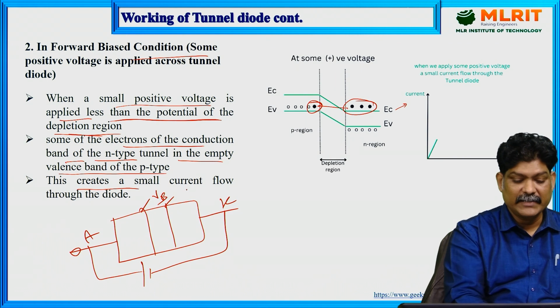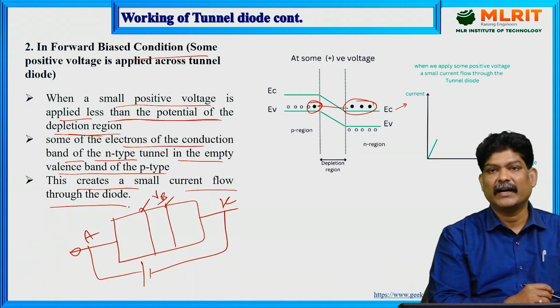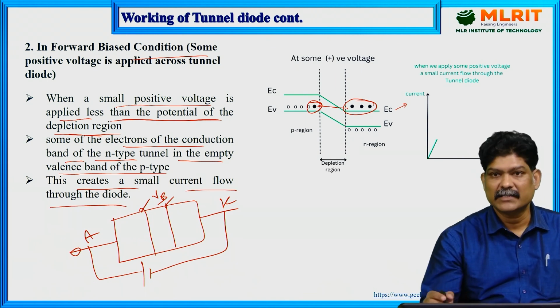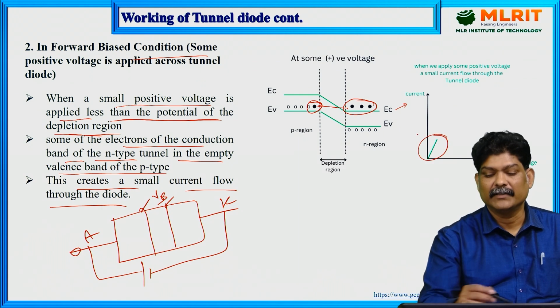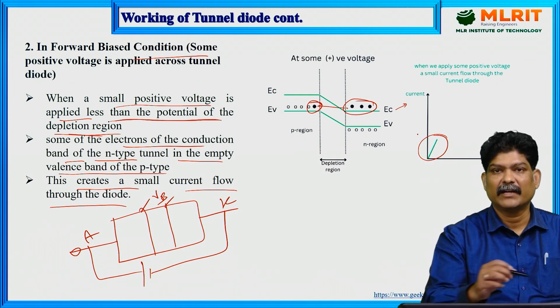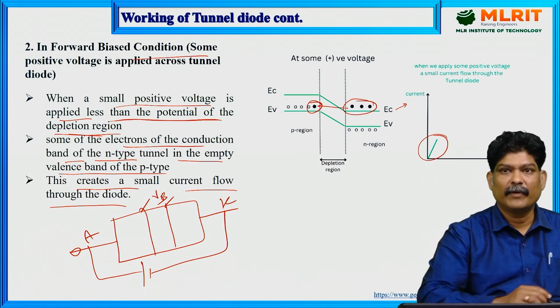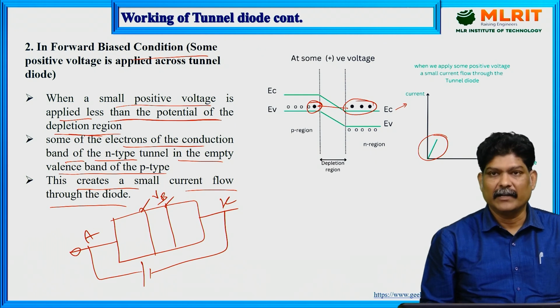This creates a small current flow through the diode, so some current flow starts initially. This is the VI characteristics when forward bias is applied across the tunnel diode.